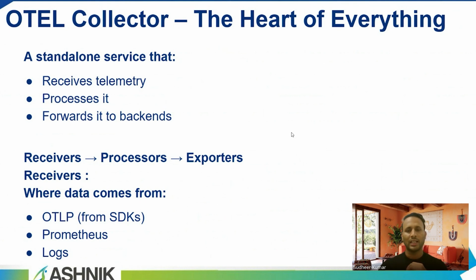The Otel collector has three components. One is the receivers, the second is the processors, and the third is the exporters. In the receivers, for example, we are using OTLP, the OpenTelemetry Protocol, which receives your metrics and traces through the SDK, and then pushes them to the processors.